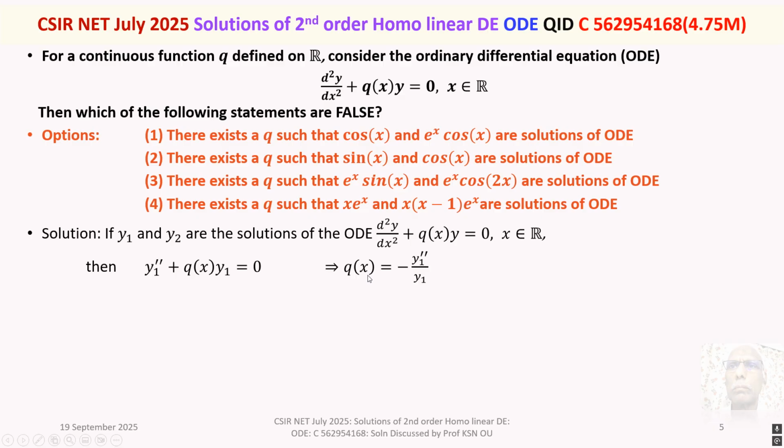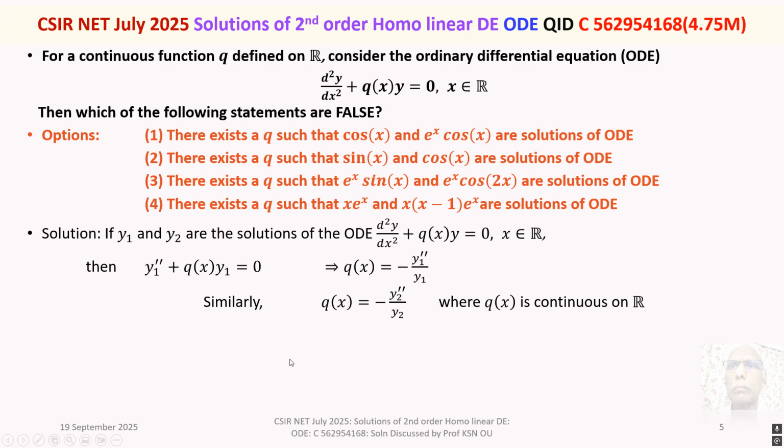Then q of x is minus y1 double prime by y1. Similarly, for y2, q of x is equal to minus y2 double prime by y2, where q of x is continuous on R.